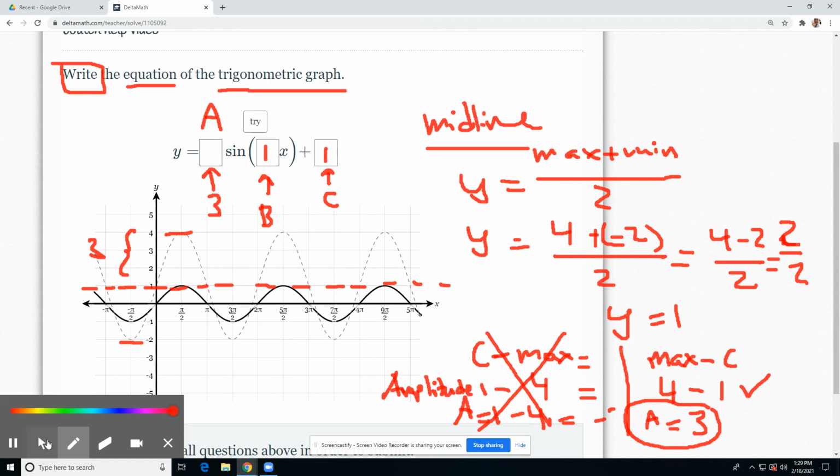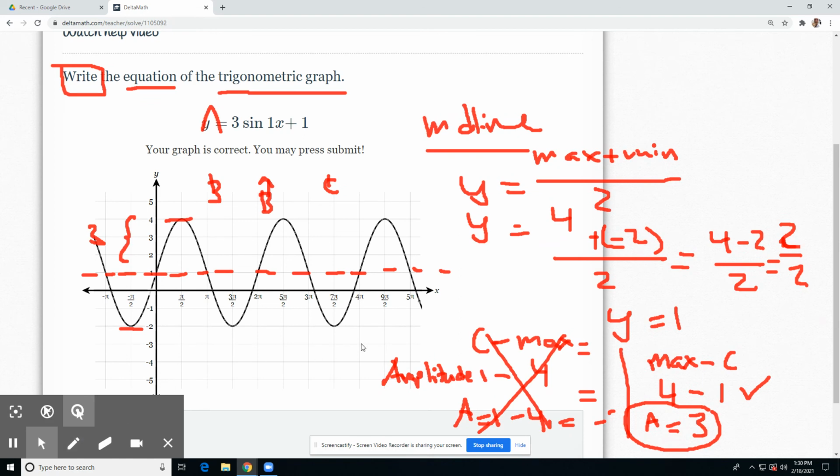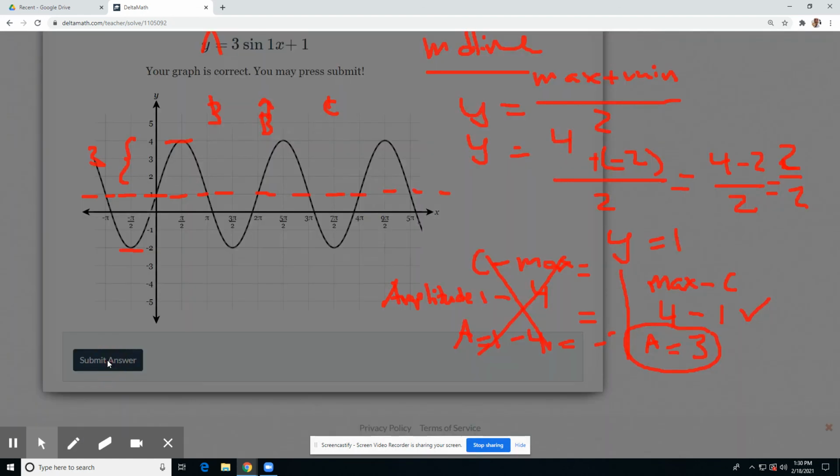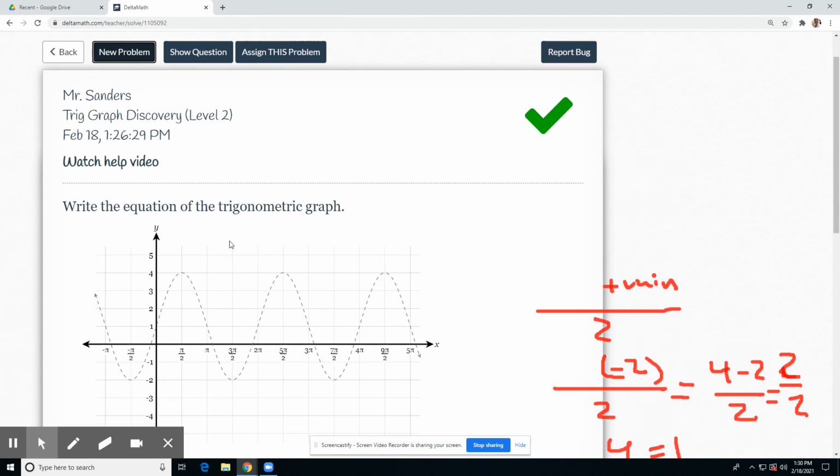All right, so I got an amplitude of 3, no effect on period, and then it moved up 1 unit. Okay, there we go. Still looking for a phase shift, or not a phase shift, a period shift, any change in period.